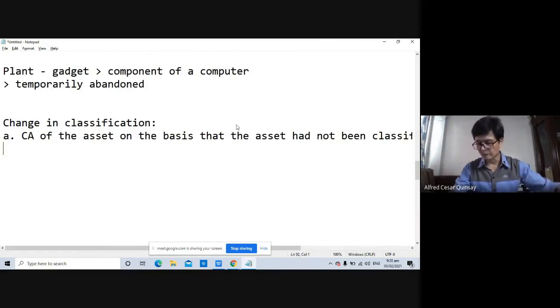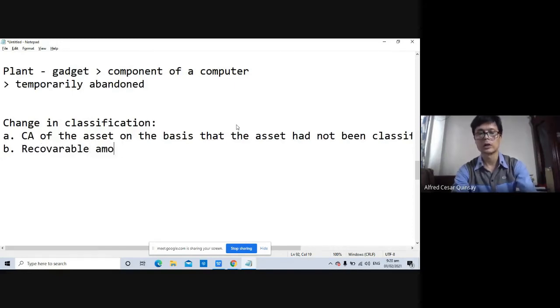Paragraph 27 of PFRS 5 provides that the entity shall measure the non-current asset that ceases to be classified as held for sale at the lower of letter A, the carrying amount of the asset on the basis that the asset had not been classified as held for sale, or letter B, the recoverable amount. Okay, so it's either the carrying amount or the recoverable amount.